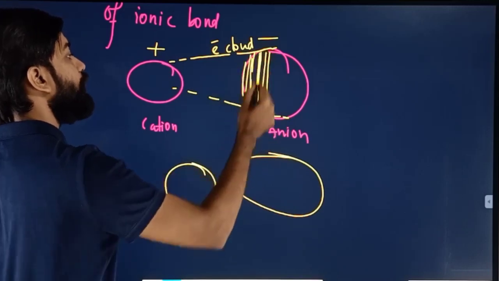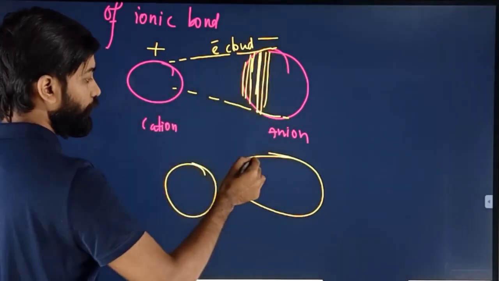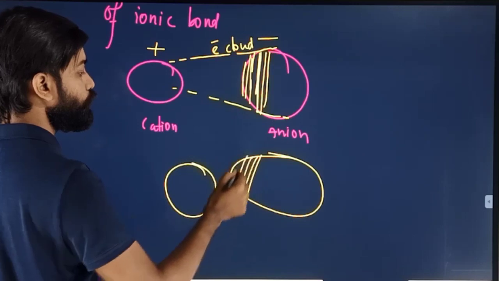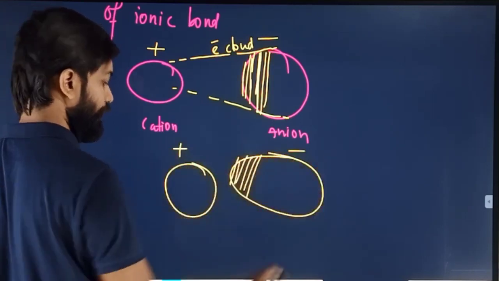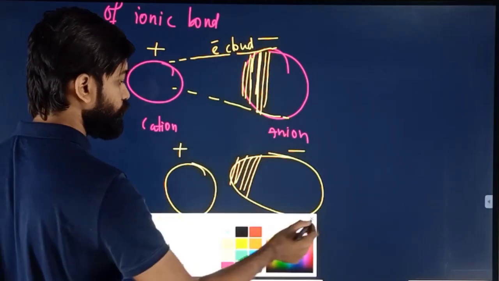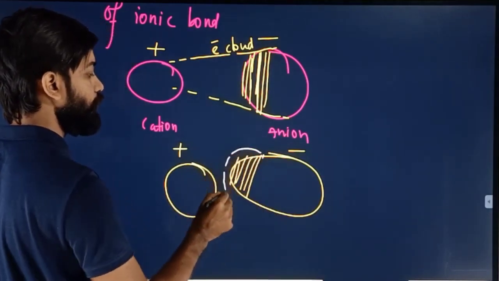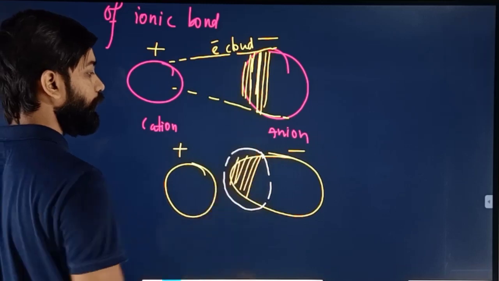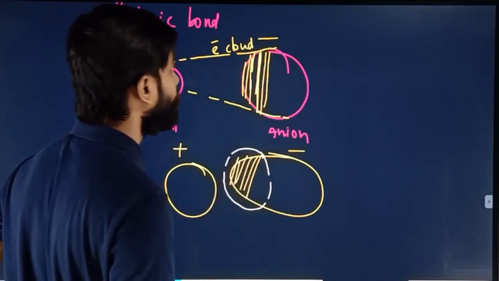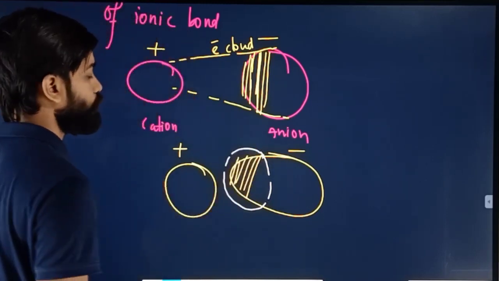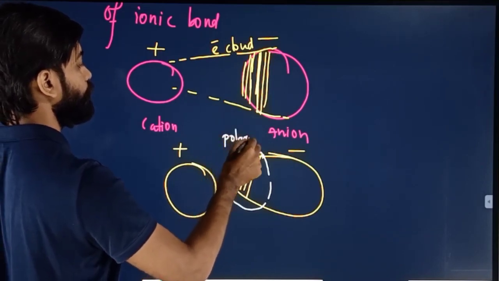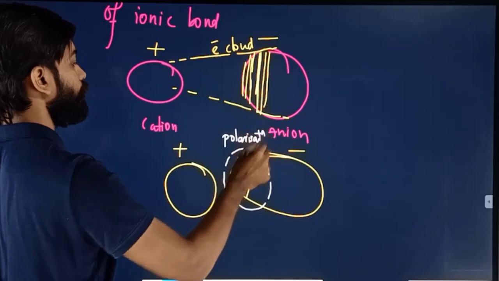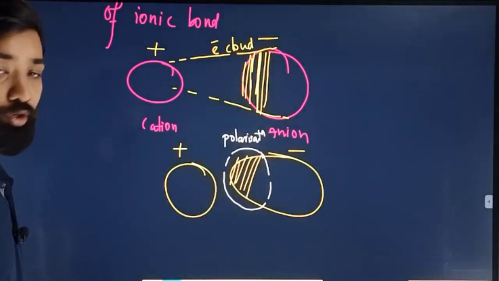When that electron density is attracted by the cation, the electron cloud is distorted towards the cation. This particular type of distortion is called polarization.